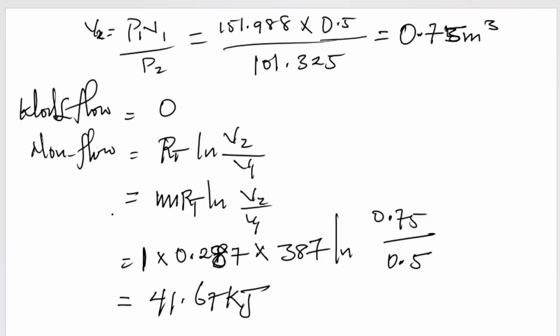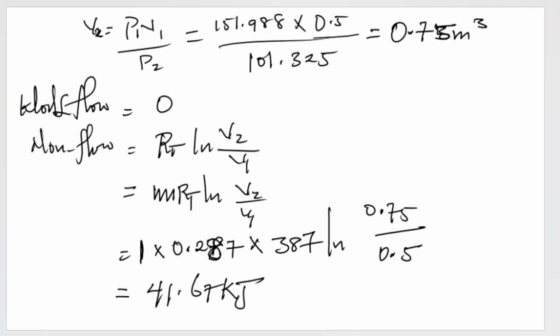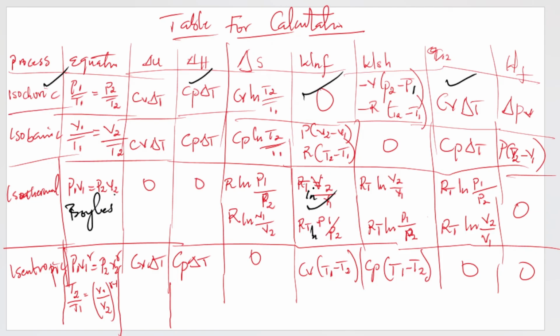Now, what are we seeing? We've already calculated our non-flow work using the first formula that was given to us, which is the formula that has to do with volume. Now let's use the next formula that has to do with pressure, and let's see if we'll still arrive at the same value, 41.67.